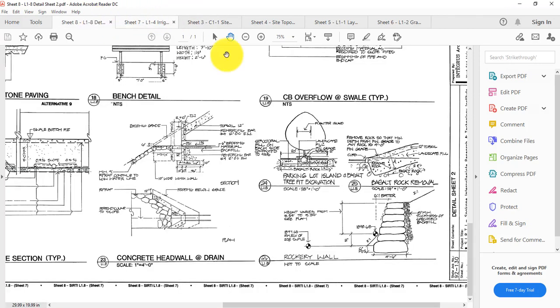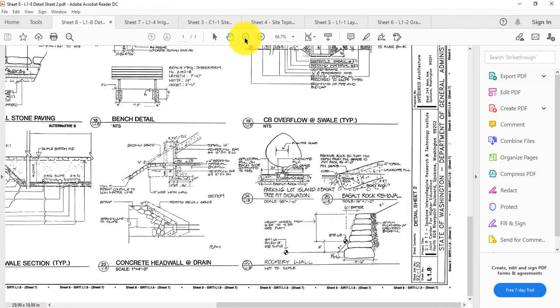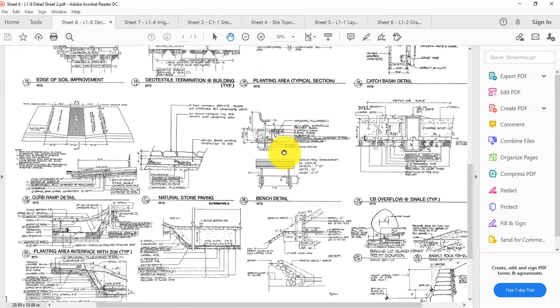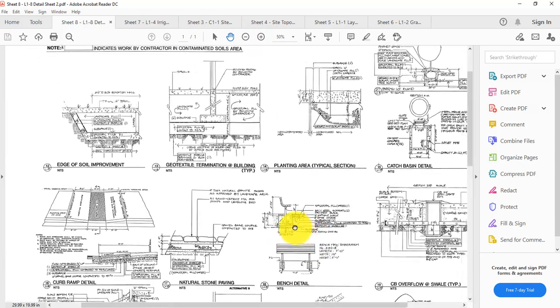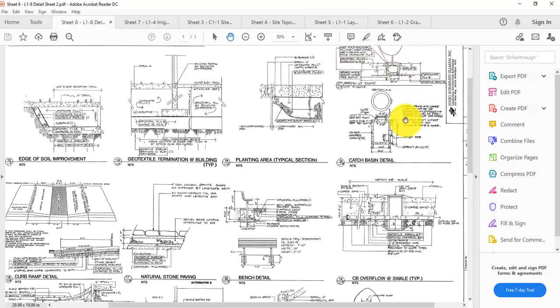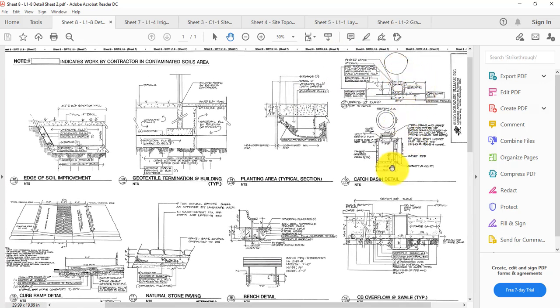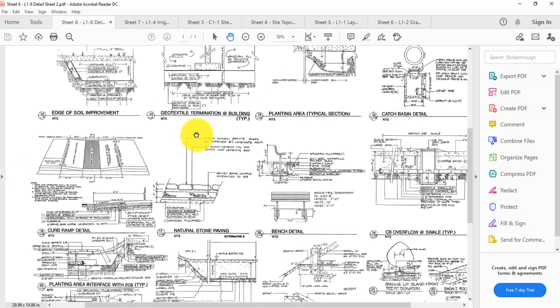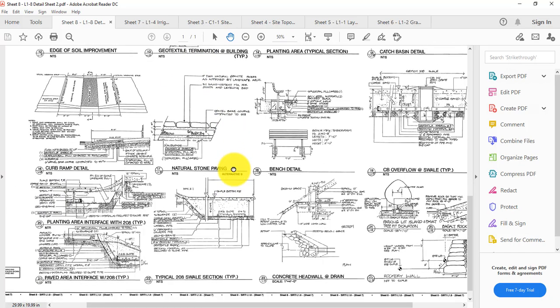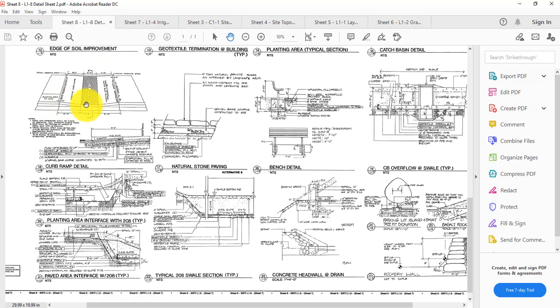All right, and then sheet number 8 is the one that has all those details. If you really look at these details, we're talking about the catch basin, just like in the PowerPoint I showed you, some planting areas, a foundation here to give you some typical dimensions on where the landscape fill is. And then we have a curb ramp.